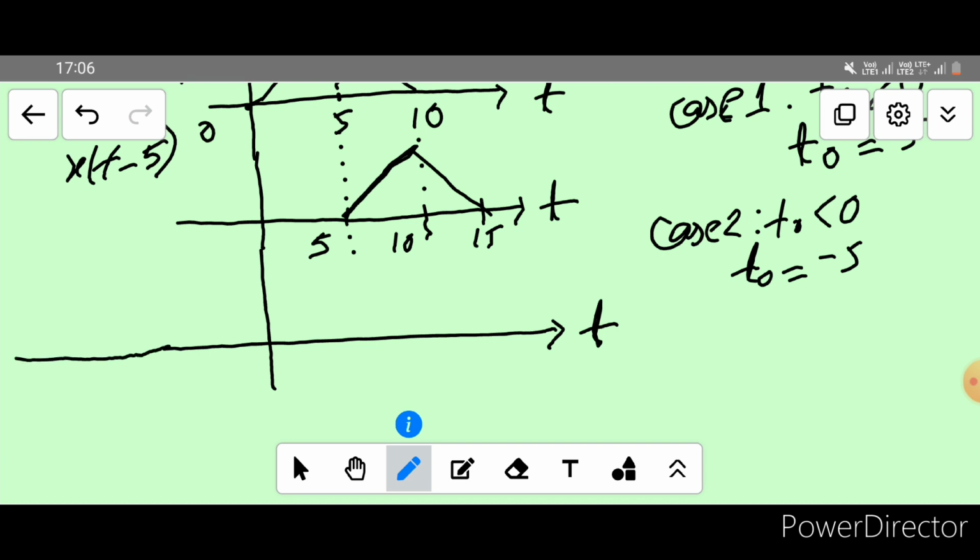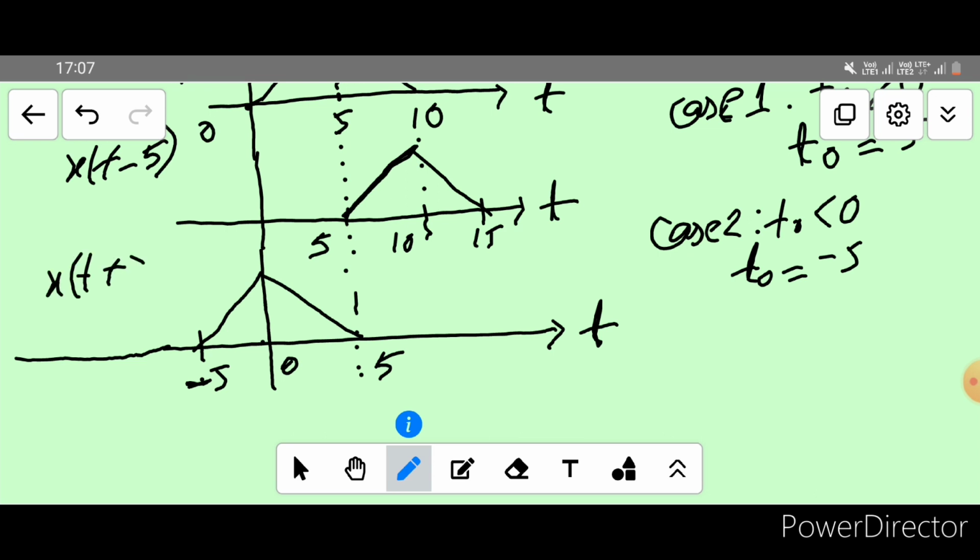That means 0 will be shifted to minus 5. 5 will be shifted to 5 minus 5, that is 0. And 10 will be shifted to 10 minus 5, that is 5. So our new signal will be this.